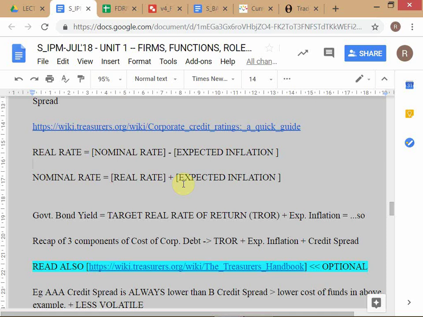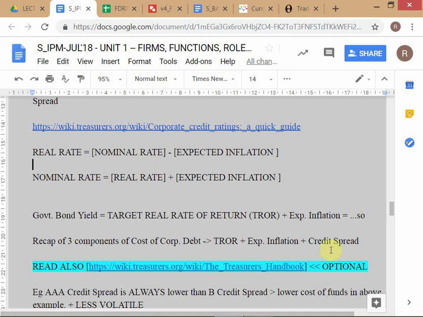So the government bond yield that you use as a benchmark when you are talking about the corporate bond yield is composed of the credit spread plus the benchmark government bond yield. Is that a nominal yield or a real yield? That's a nominal yield. Okay.